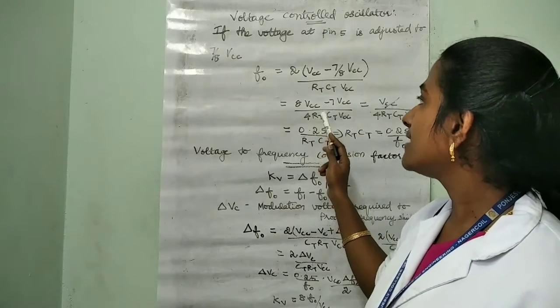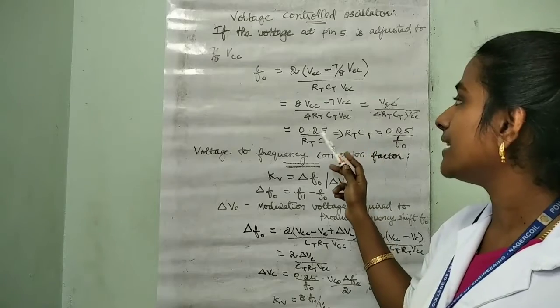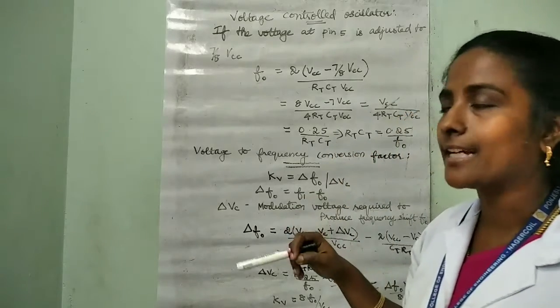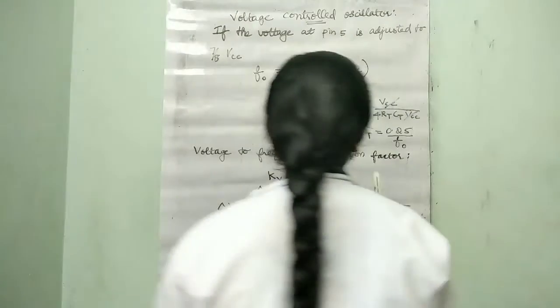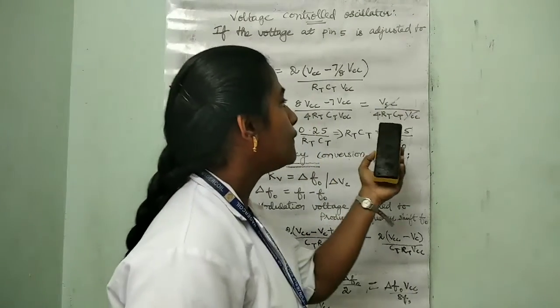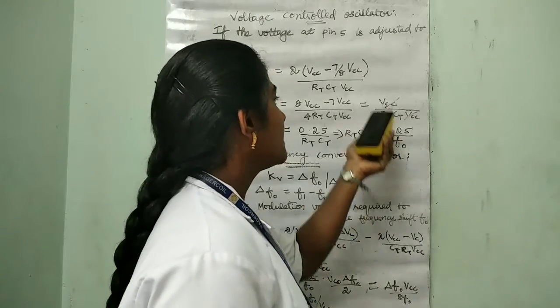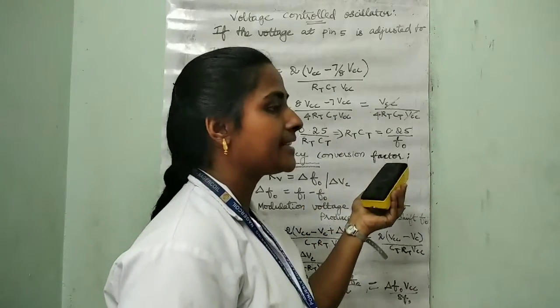That is (8 VCC minus 7 VCC) divided by 4 RT CT VCC. That can be written as VCC divided by 4 RT CT VCC, so the VCC and VCC get cancelled.